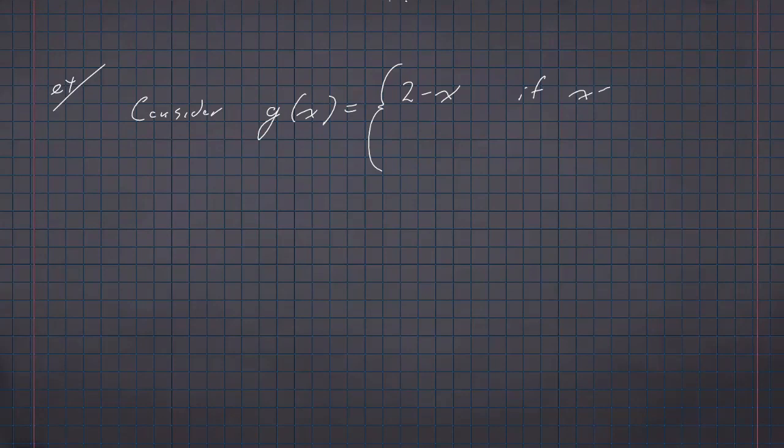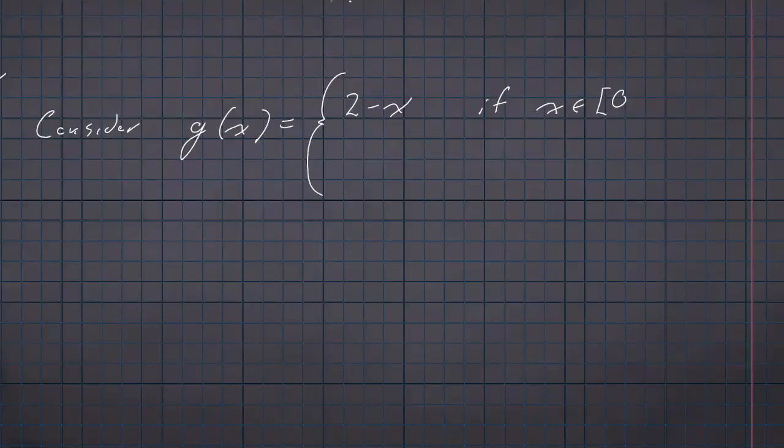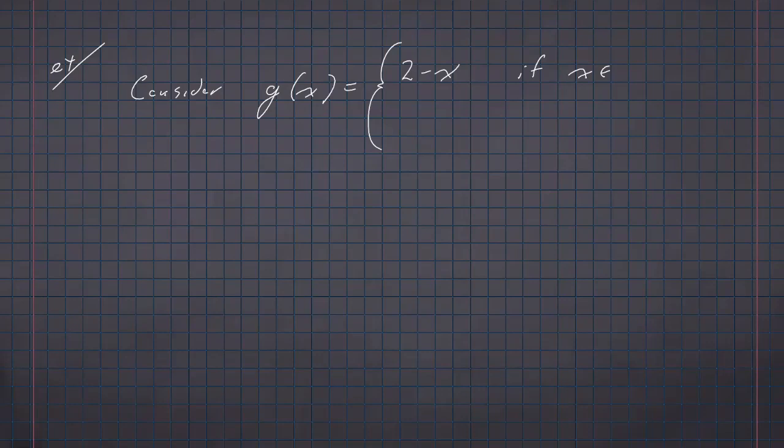And let's wrap up with one more like this for you to try on your own. I'd like you to take a look at the function g of x, which is a piecewise defined function with 3 pieces. g of x is 2 minus x if x is in the interval from 0 to 2.